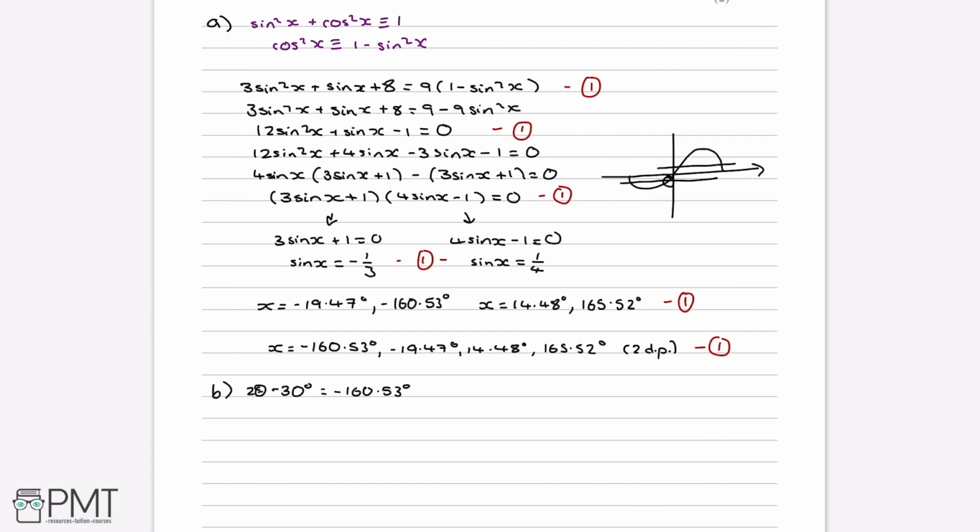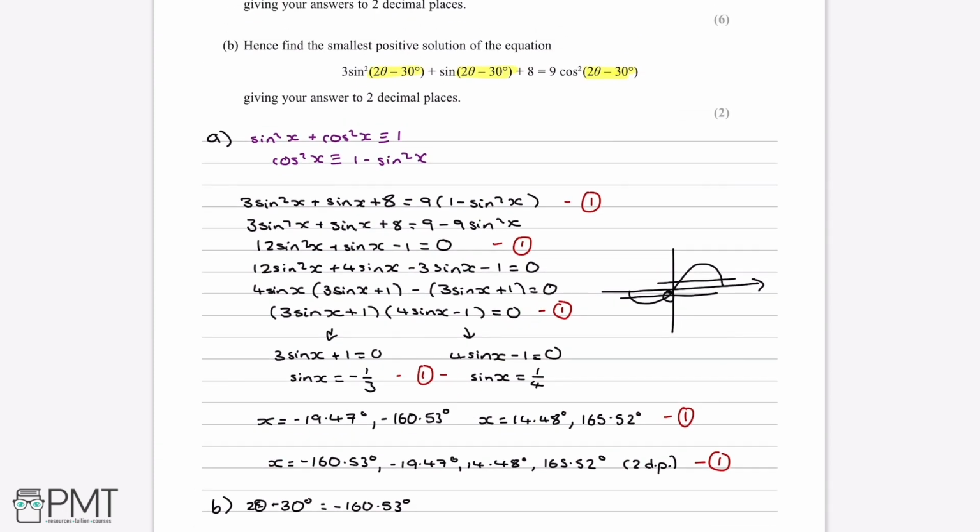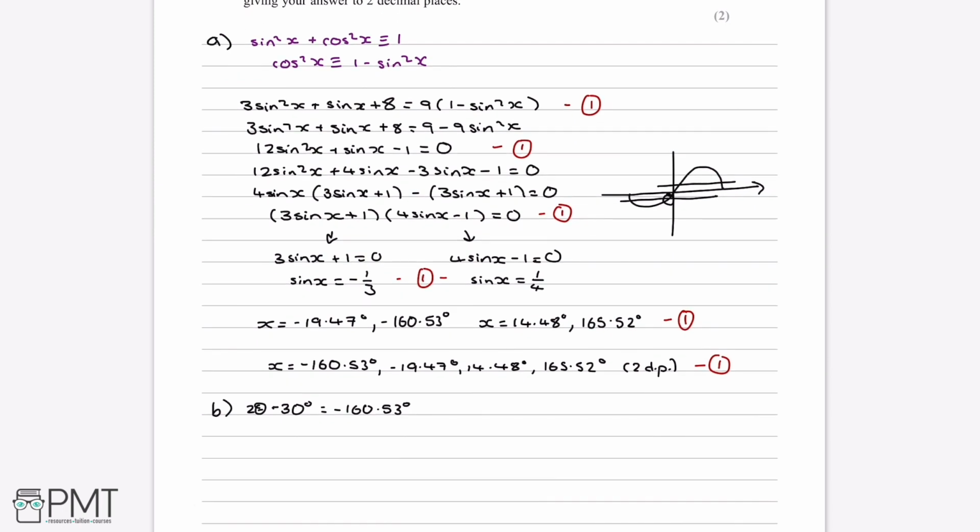Now, if we add 30 degrees to minus 160, we would still have a negative number on our right-hand side, and therefore our final answer for theta would not be positive, which is one of the specifications in the question of what the solution needs to be. And if we're not going to get a positive solution, this cannot be the value of x that we need to use.